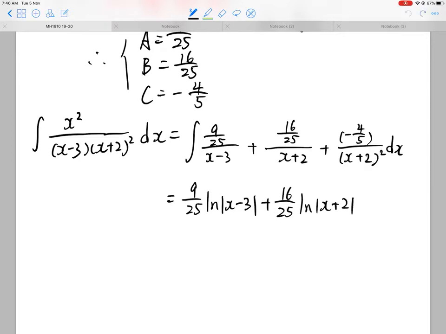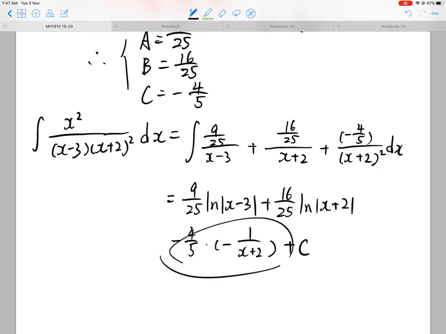In this part, it's minus 4 over 5 times negative 1 over x plus 2, plus c. So this is your answer.